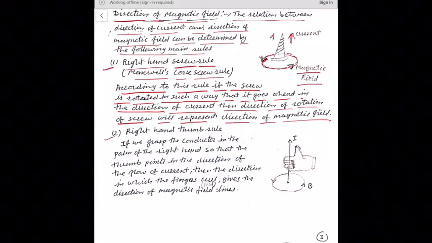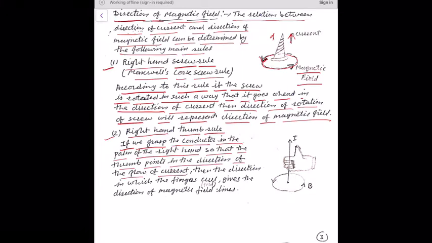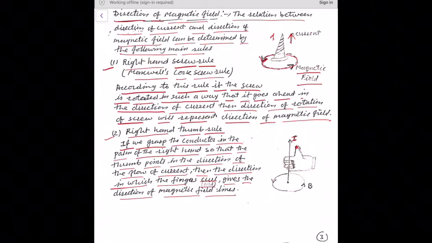Next, second, right hand thumb rule. If we grasp the conductor in the palm of the right hand so that the thumb points in the direction of flow of current, so thumb in upward direction, then the direction in which the fingers curl or fold gives the direction of magnetic field lines.